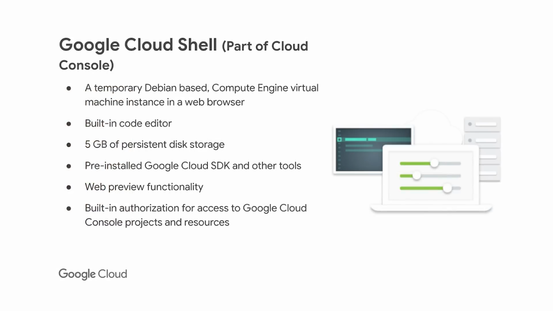Then we have your Google Cloud Shell, and this is part of the Google Cloud Console. I'll show you that in a minute. It is basically a temporary Debian-based machine, which means that even though the machine is temporary, you'll have that persistent disk. And we give you 5 gigs of persistent disk storage. This is completely free. It's not something that you pay extra for using on GCP. It is pre-installed with all Google Cloud SDK, so you don't have to install Google Cloud SDK on this shell.